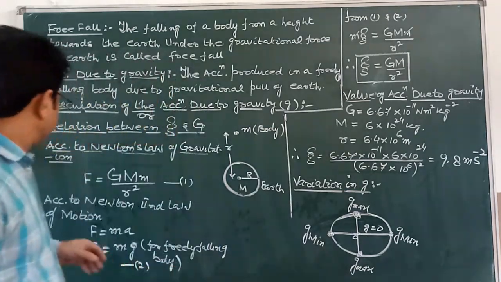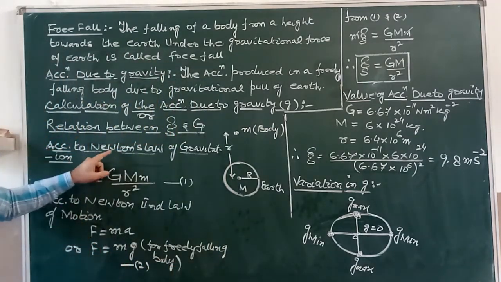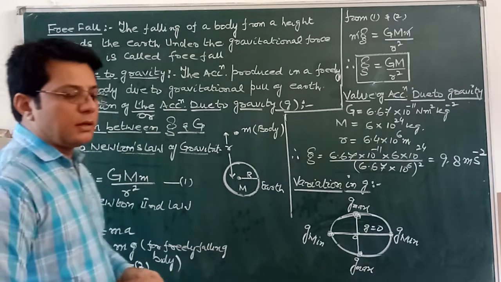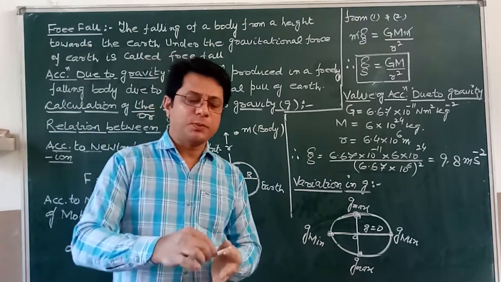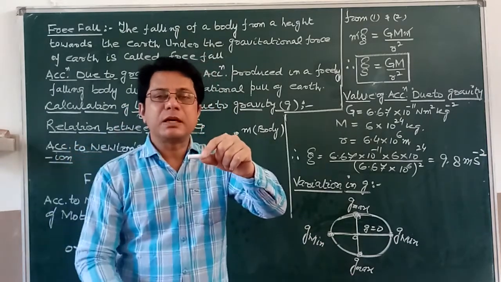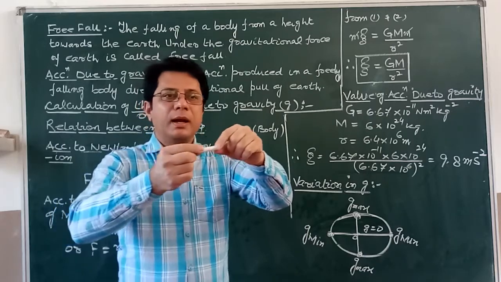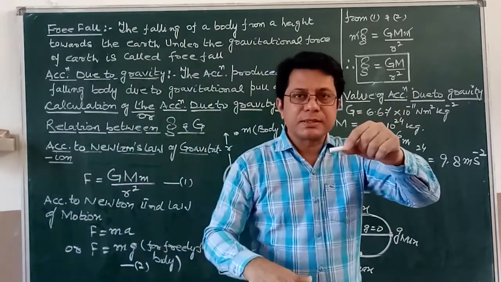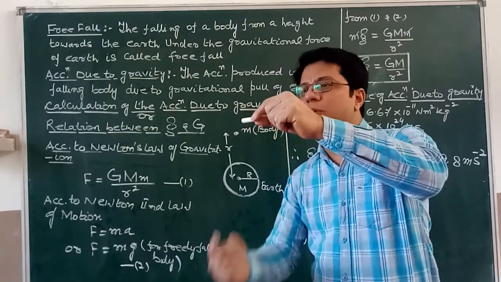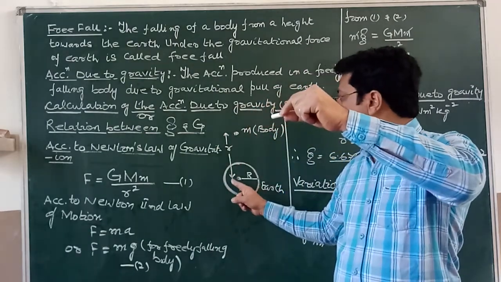So according to Newton's law of gravitation, this is the earth. Suppose this is a chalk, lying just above the surface of the earth, and the distance from the center of the earth to this chalk is r.